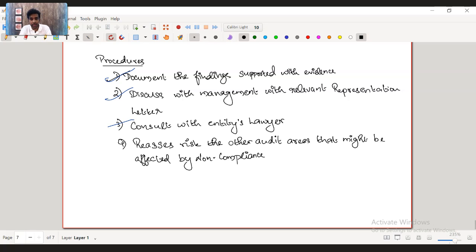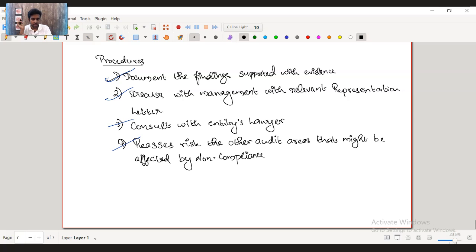When it comes to written representation, we need to get a specific line also which confirms that the management, as per their awareness, is complying with all the necessary laws and regulations, and they have strict rules and regulations in respect to prevention and detection of NOCLAR, prevention and detection of non-compliance in relation to the laws and regulations. So that also we can get in a line in the written representation and get it signed from the management.